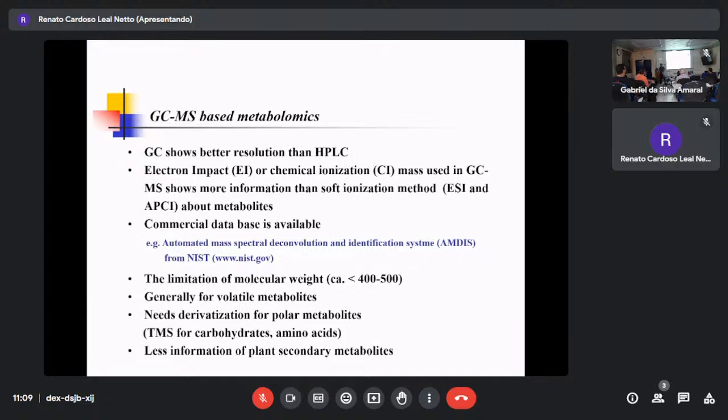This database algorithm is different, because most LC-MS is based on the molecular ion, usually M plus H, M plus Na, M plus K. They find the molecular ion and search for the compound. But GC-MS fragmentation is very robust; they use a fragment filter, asking how much similarity there is. This is more important.